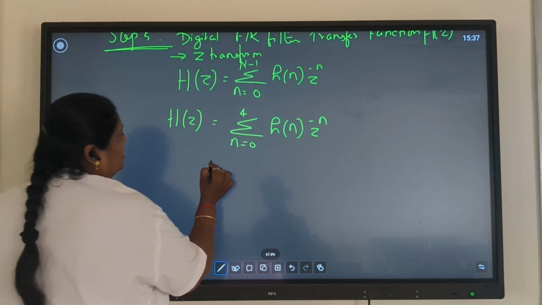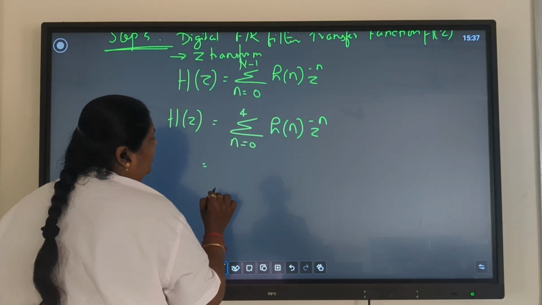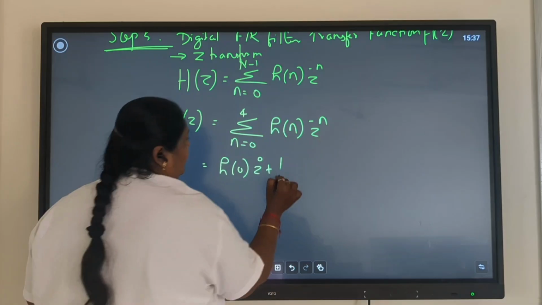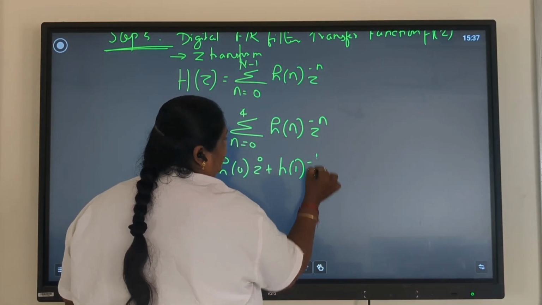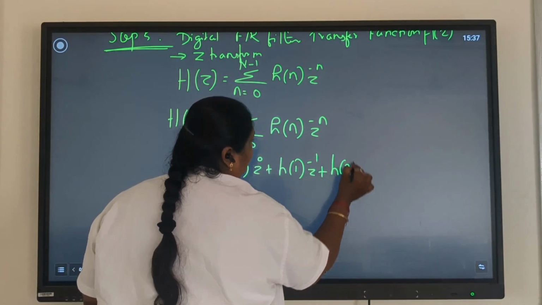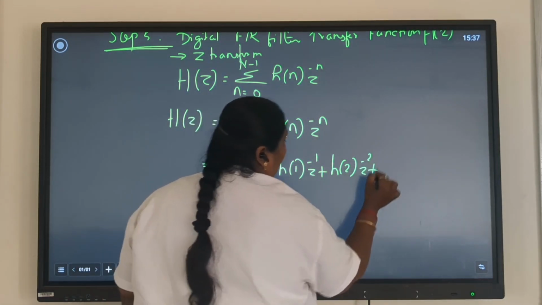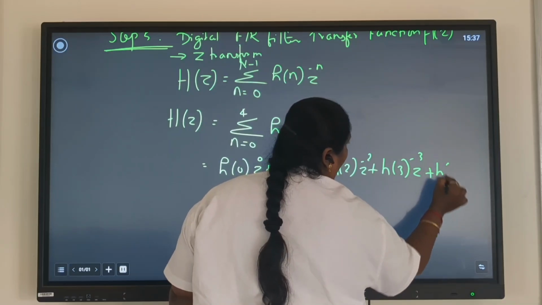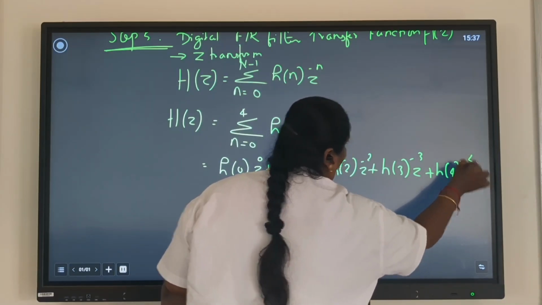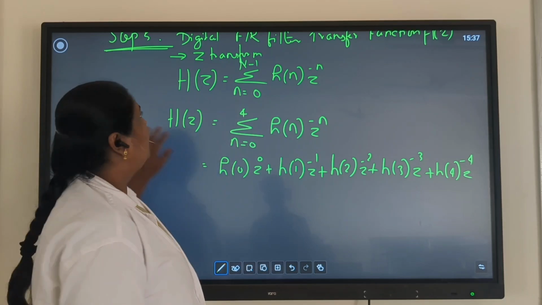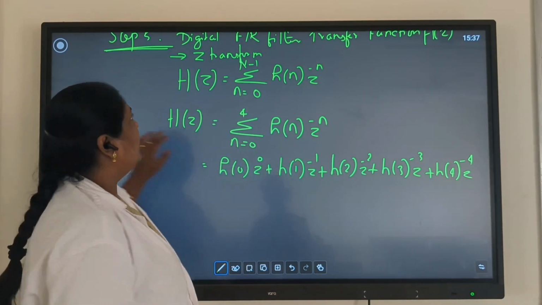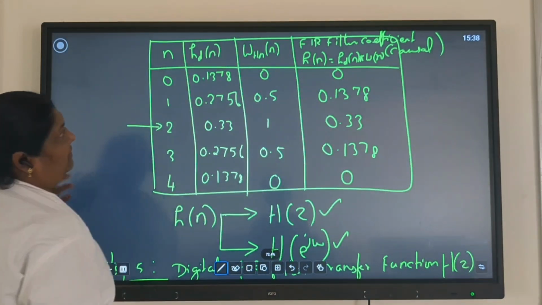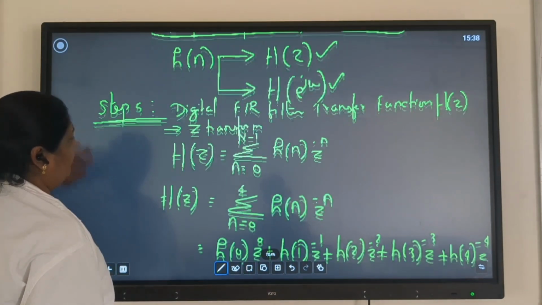Now expand the summation by substituting small values of n: h of 0 z power 0 plus h of 1 z power minus 1 plus h of 2 z power minus 2 plus h of 3 z power minus 3 plus h of 4 z power minus 4. Now you substitute the values of h of 0, 1, 2, 3 and so on. In step 4, I got these values of h of n. These values I am going to substitute.